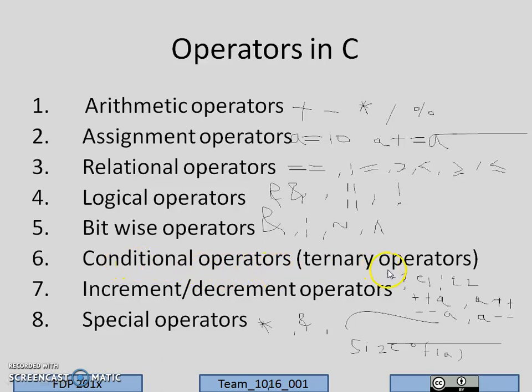The conditional operator is a ternary operator, which means after the first expression there is a question mark, then expression 1, then a colon, and then expression 2. If the first expression is true, then the E1 block is executed, and if it is false, then the E2 expression is executed.